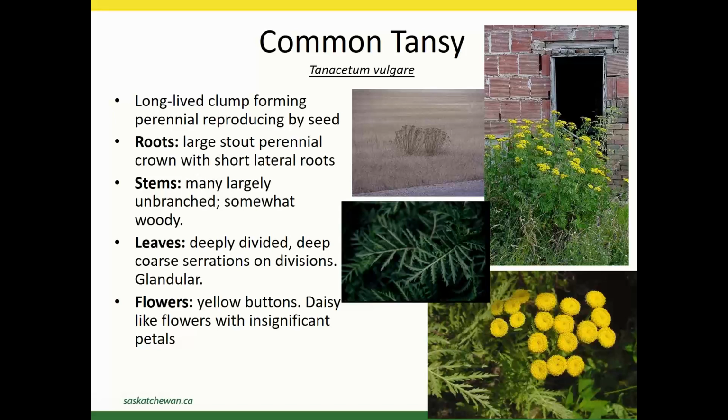And that's one of the reasons why the plant was introduced to North America in the first place. The flowers are button-like, and so they're essentially daisy-like flowers with insignificant petals. So that yellow button is essentially the button you would see in the middle of a daisy-like flower without the white petals around the outside.